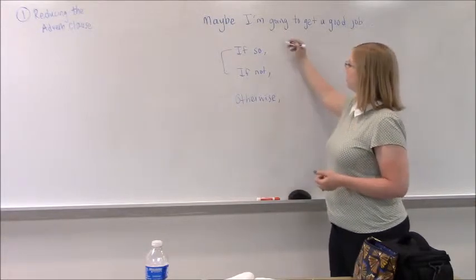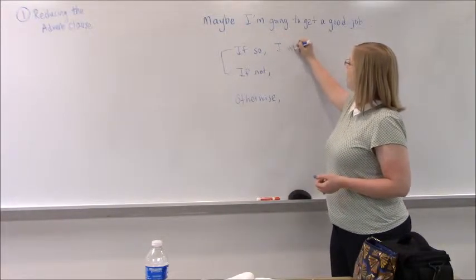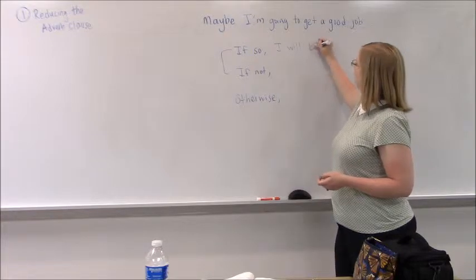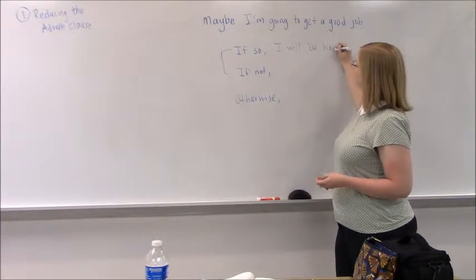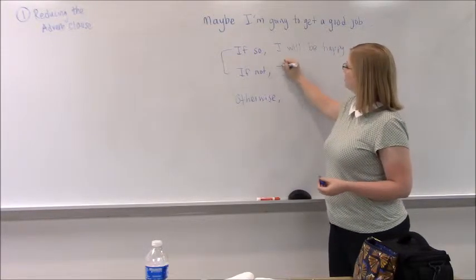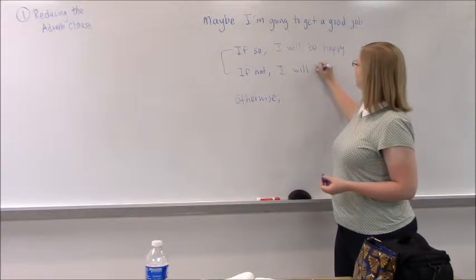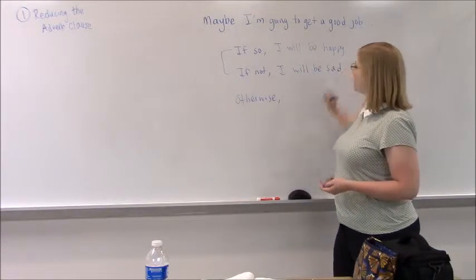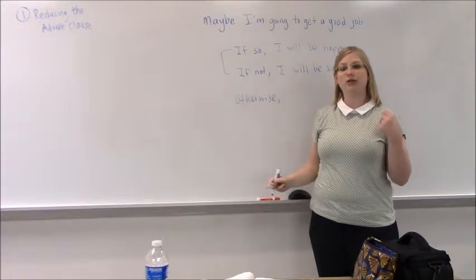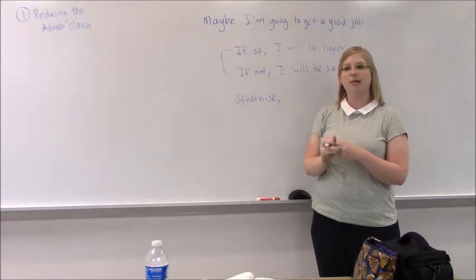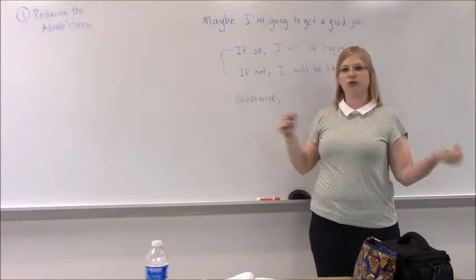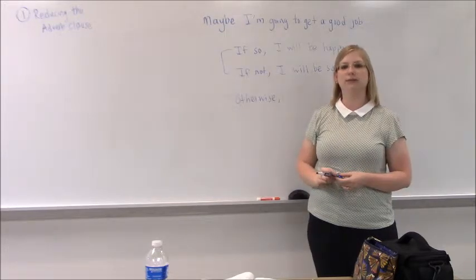Then I might say, I will be happy. And if not, I will be sad. Okay? Usually we like to use if so and if not together, meaning maybe yes, maybe no, to show the two different possibilities. Okay?